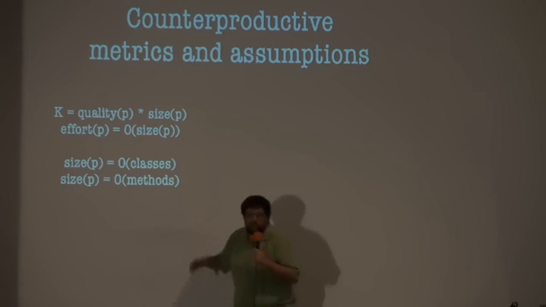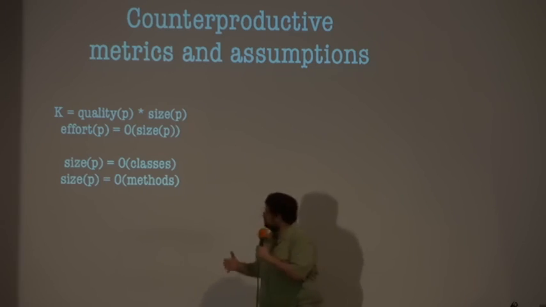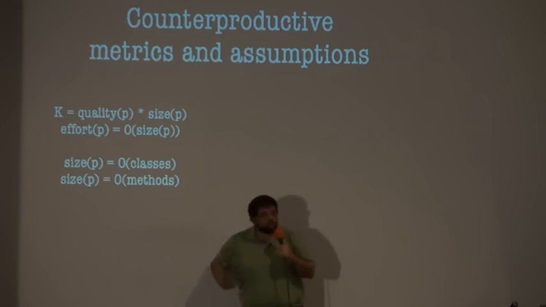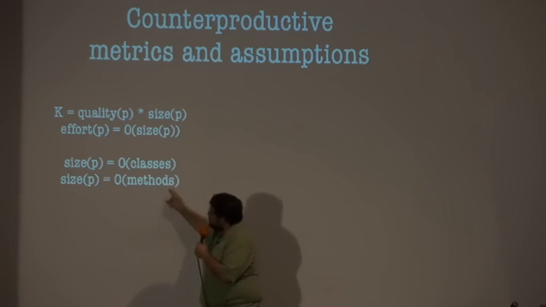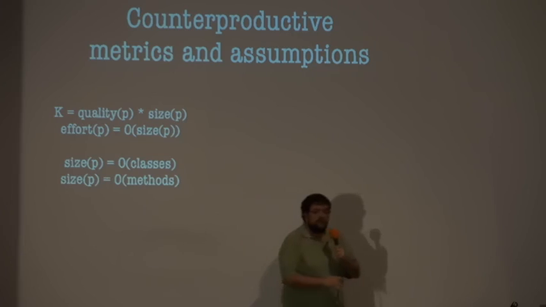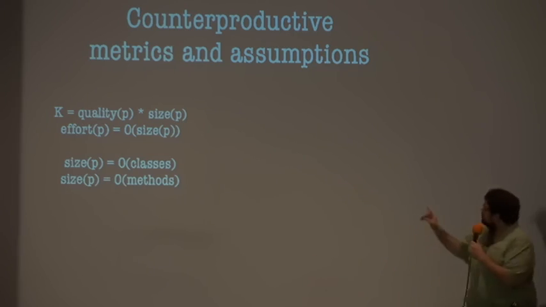And the same with the effort, right? If the program is bigger, then you put in more effort. So if you want to minimize effort, because you don't have any more time, then you have to make the program smaller. And you make a program smaller by making fewer classes and fewer methods. All right? So everybody knows fewer classes and fewer methods, more quality, and less effort. Right?